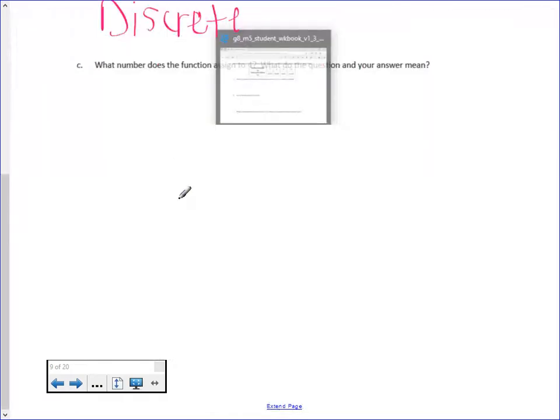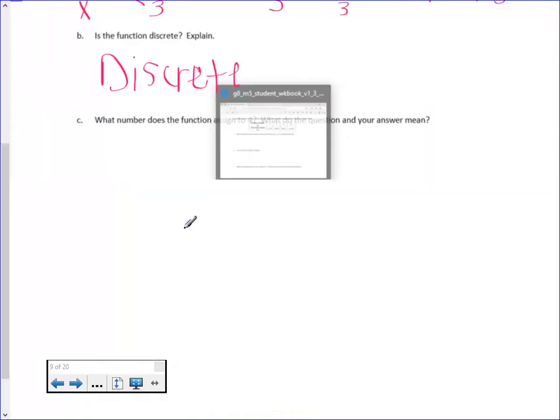This box is in the way of this problem, but it says what number does the function 4 assign? So you're going to say y equals 9.25 times 4. And then it asks you, what does that mean? So what is 9.25 times 4?